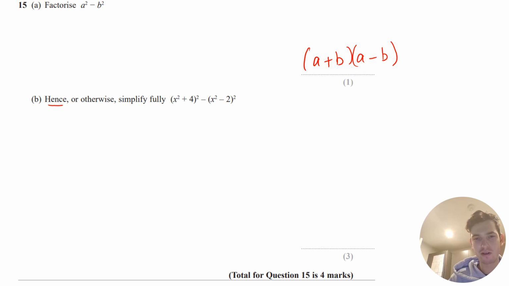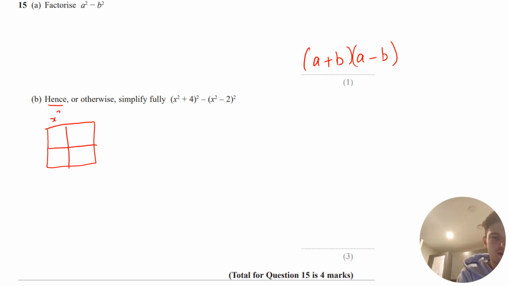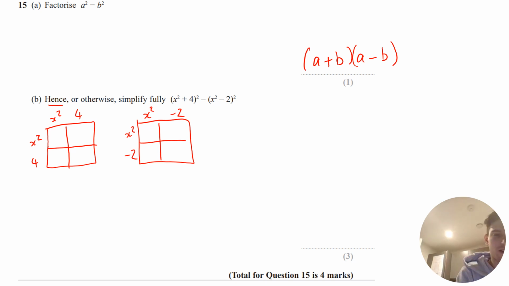Now, I imagine what most of you would have done is multiply out the brackets here using the box method. So I'll do this method, and then I'll show you the kind of shortcut. If you did this method and did it correctly, you would have gotten all the marks.